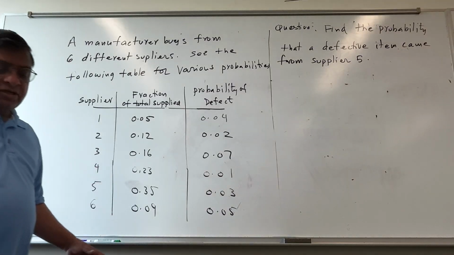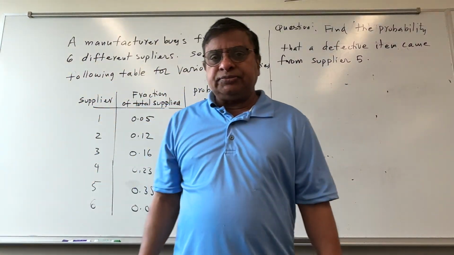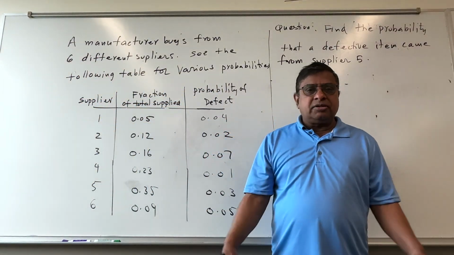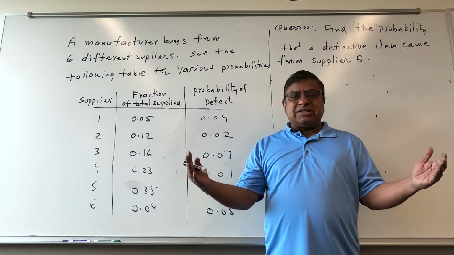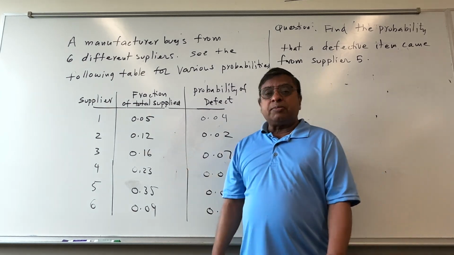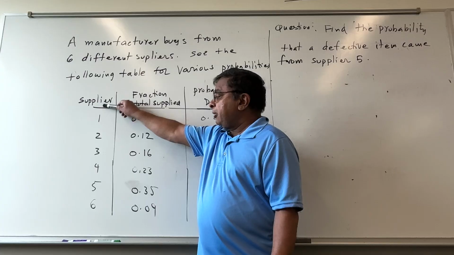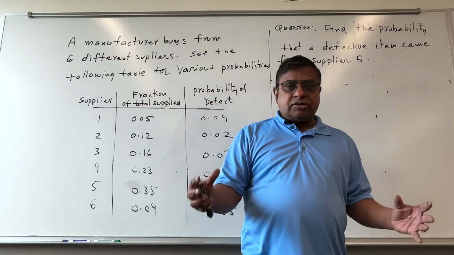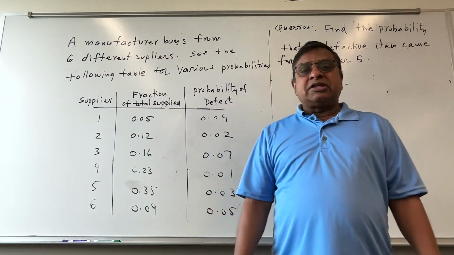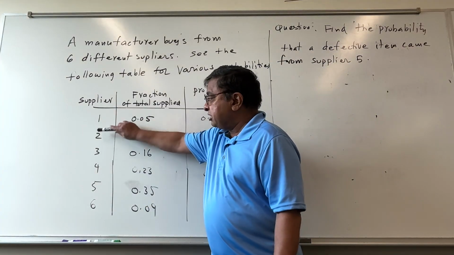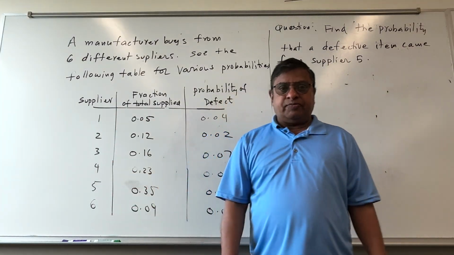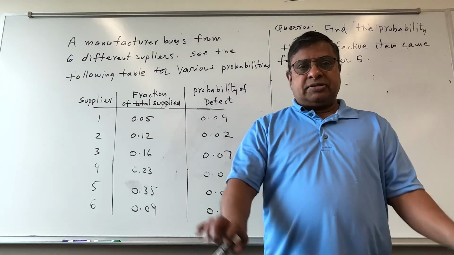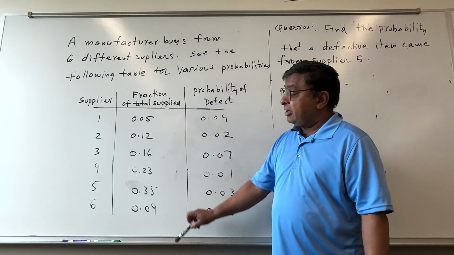The situation is you have a manufacturer of a certain product and he receives supplies from different suppliers. So in column 1, it says this manufacturer receives supplies from 6 different suppliers. Nobody else. How do I know nobody else?